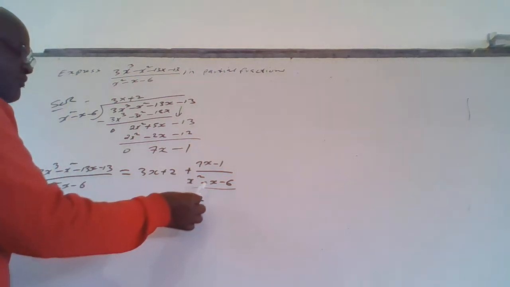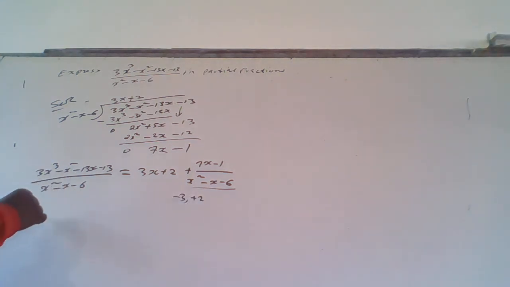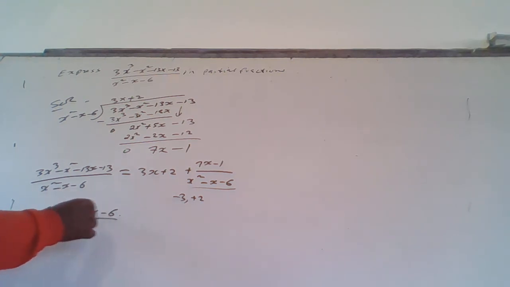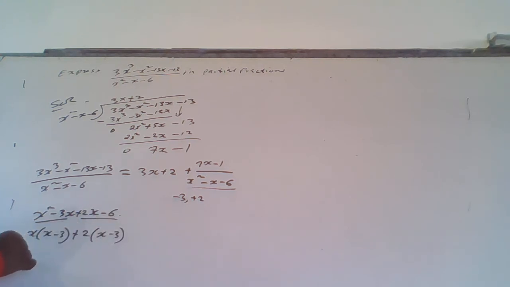When you add the two, you get negative 1. When you multiply, you get negative 6. Therefore, we have x squared minus 3x plus 2x minus 6. So we factorize this. The common factor between x squared and negative 3x is x, so x into x minus 3, and then plus the common factor between 2x and negative 6, which is 2 into x minus 3. So we have x plus 2 and then x minus 3.